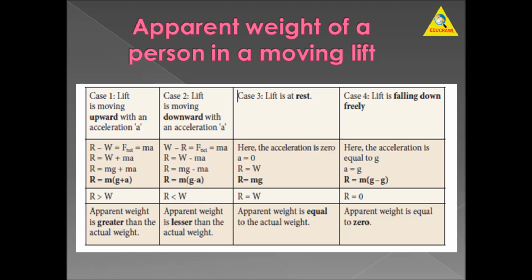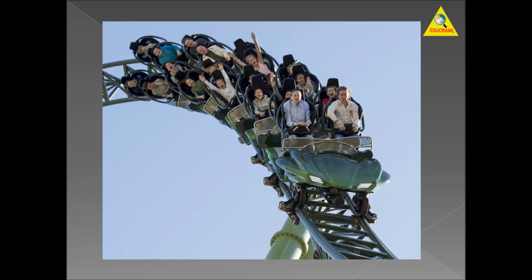Hence in this case the apparent weight you assume to possess is equal to 0, and you feel weightlessness when the lift is moving with an acceleration equal to 9.8 meter per second square.